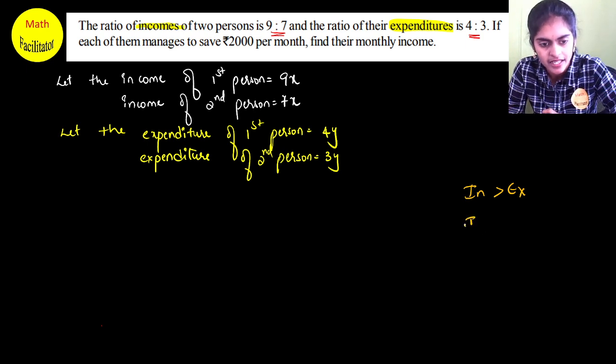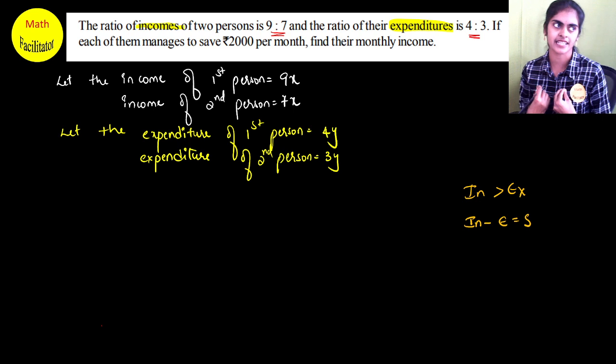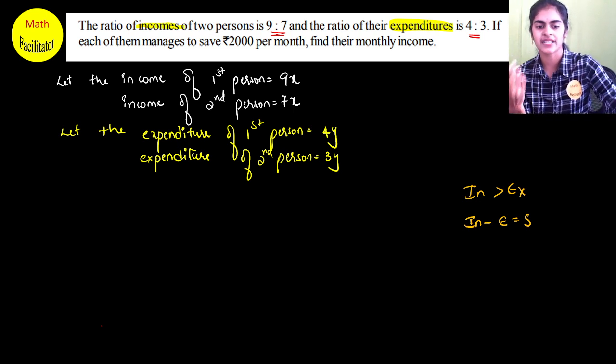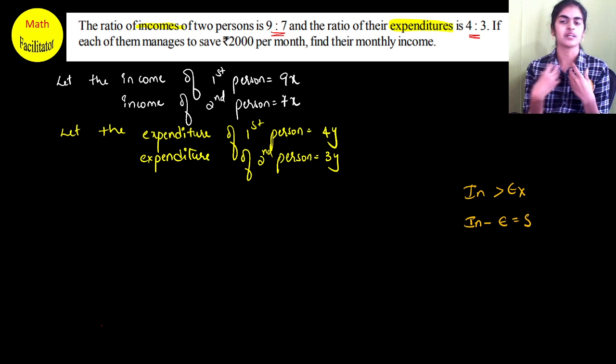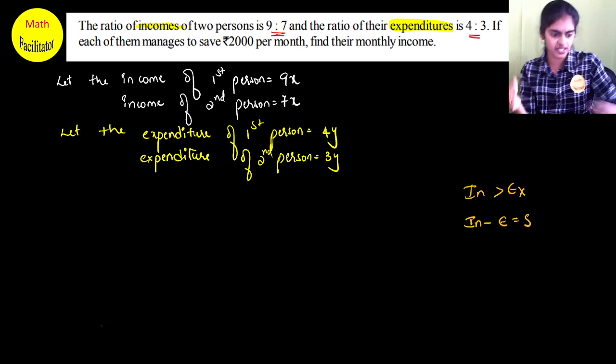If you subtract expenditure from income, you will get savings. Suppose you are earning 100 rupees and spending 80 rupees; expenditure is nothing but the amount you spend. So 100 minus 80 is 20, which is my savings. So income minus expenditure is savings.